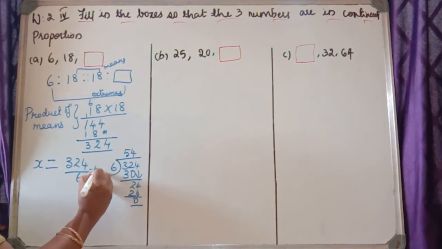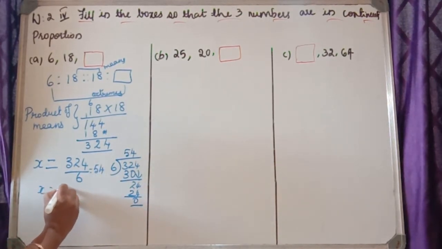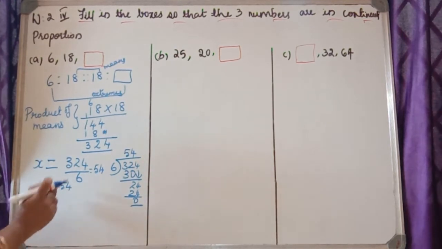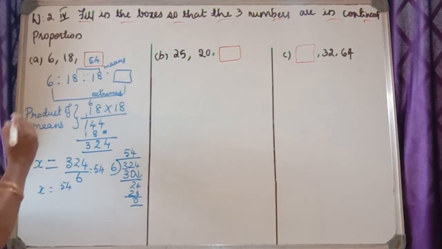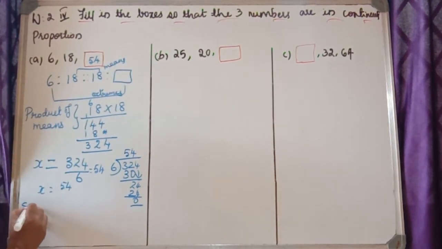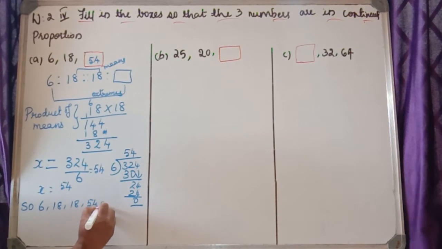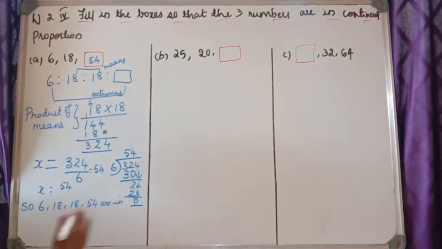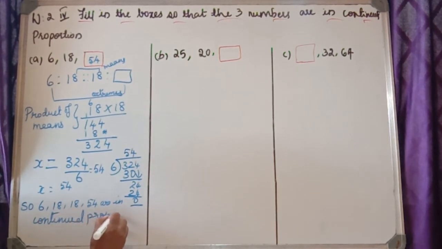Remainder 0. So the other term is 54. x is equal to 54. If the term 54 is there, then the 3 numbers are in continued proportion. So 6, 18, 18, 54 are in continued proportion.